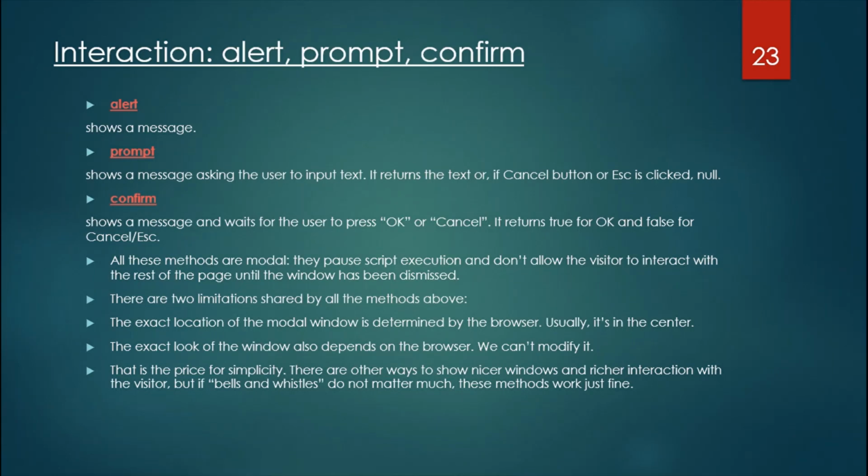Whenever we have an alert, it pops up a message that something went wrong and now you can't proceed further. So you have to click OK, and then that window gets dismissed. If there is something you are missing, the prompt window pops up and asks the user to input text, or it returns the text.